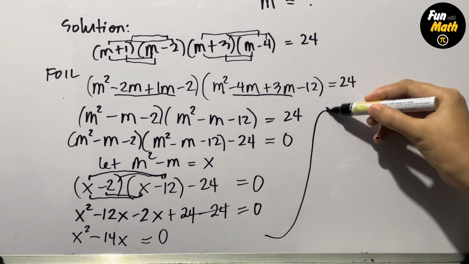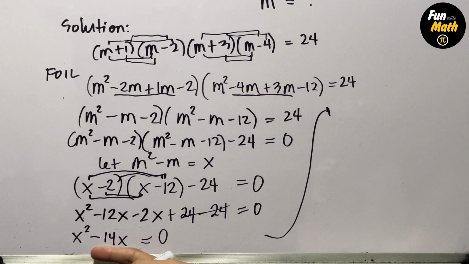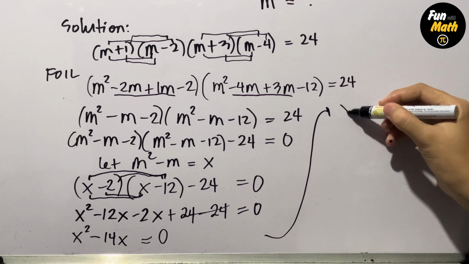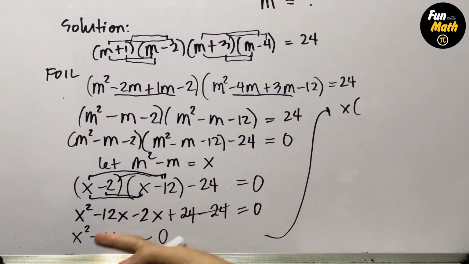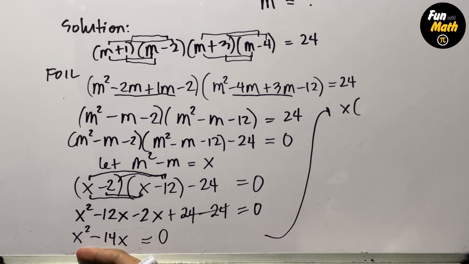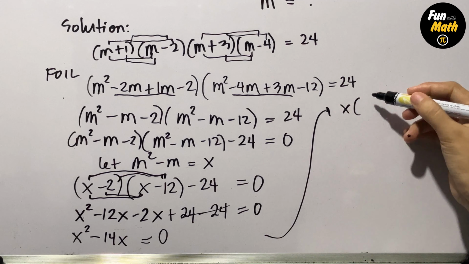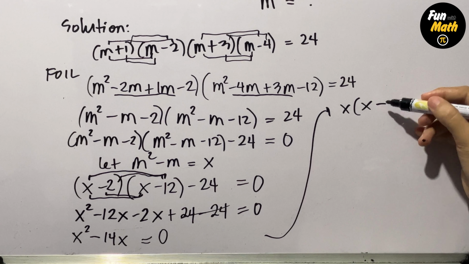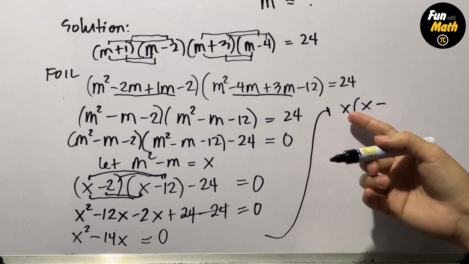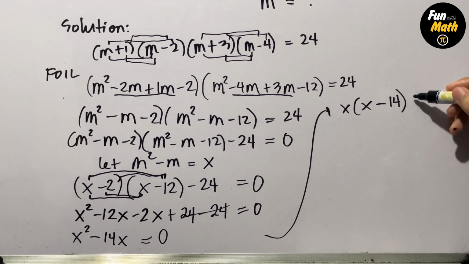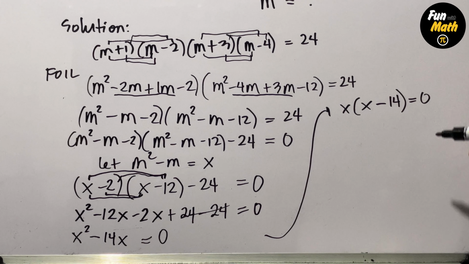Next, for x squared minus 14x, we can factor this in terms of the common factor, and the common is x. So we write x times, x squared divided by x, that is x, minus 14x divided by x, that is 14, is equal to 0.